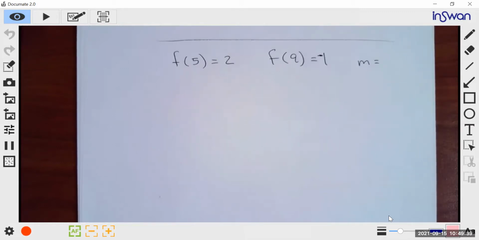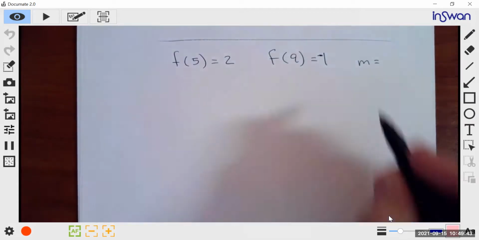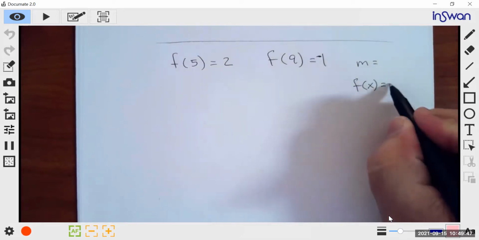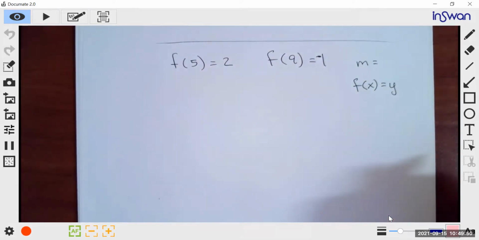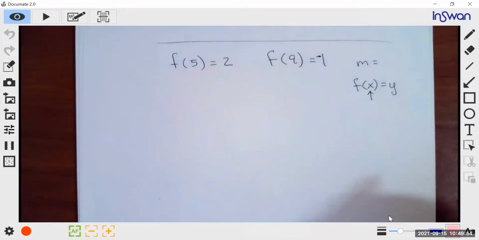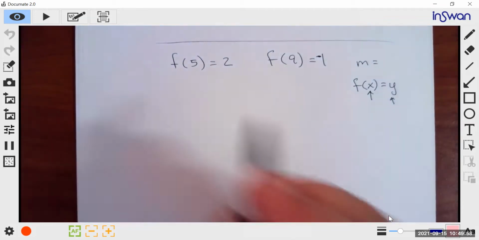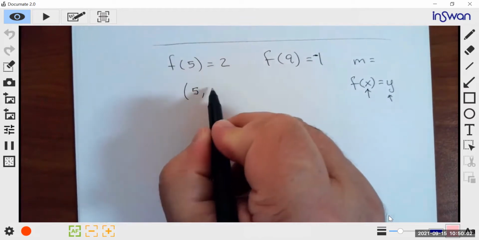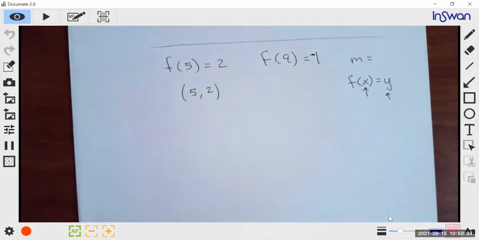All this one's doing is testing if you know how to read functions. Remember, functions are written this way. Whatever's inside the parentheses is your x value. Whatever it equals is your y value. So we have x is 5, y is 2.